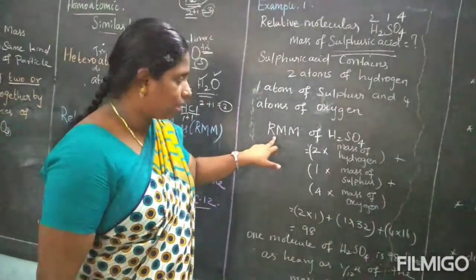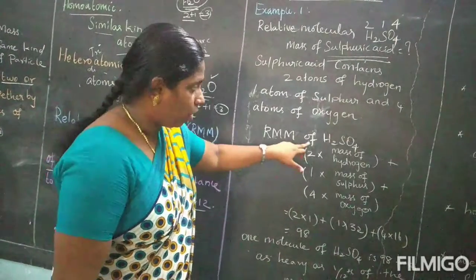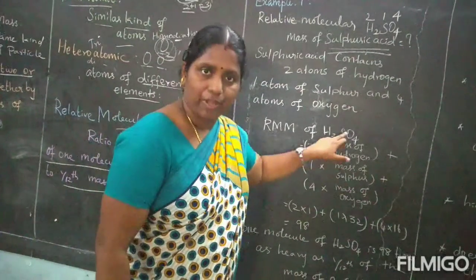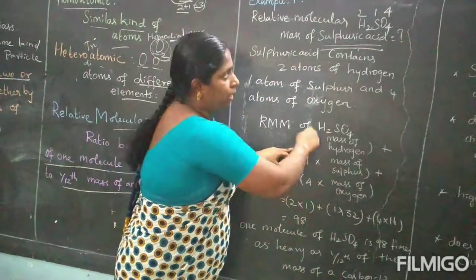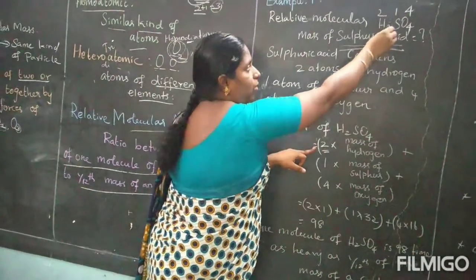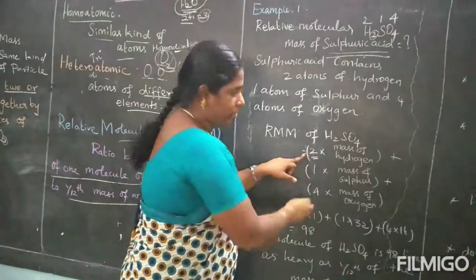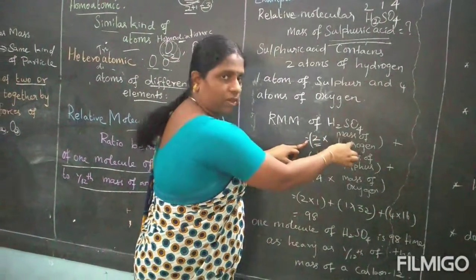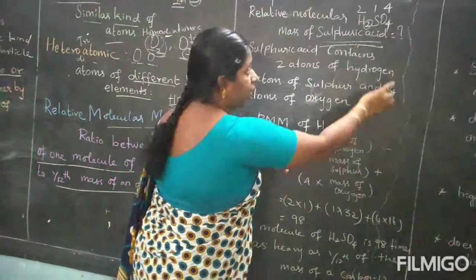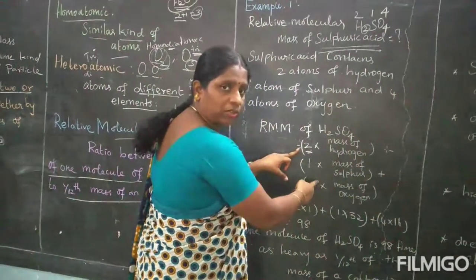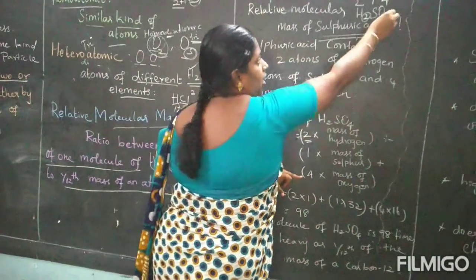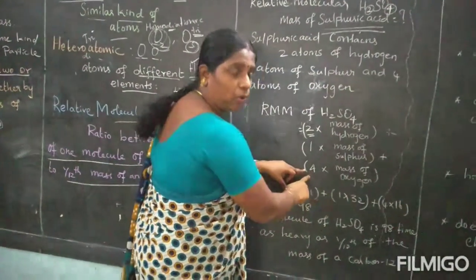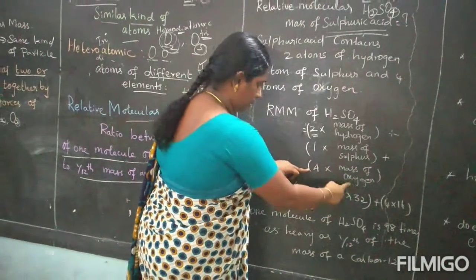See, RMM, the relative molecular mass of H2SO4, sulfuric acid, is equal to 2. Why have I given 2 here in the chemical formula? 2 hydrogen atoms have to be present. So 2 into mass of hydrogen, plus 1 into mass of sulfur, plus how many oxygen atoms have to be present? 4. 4 into mass of oxygen.